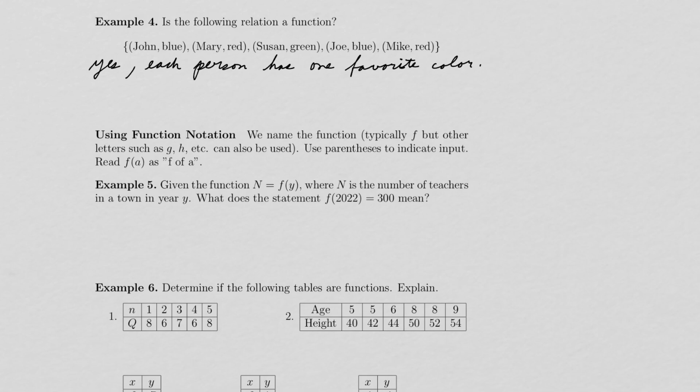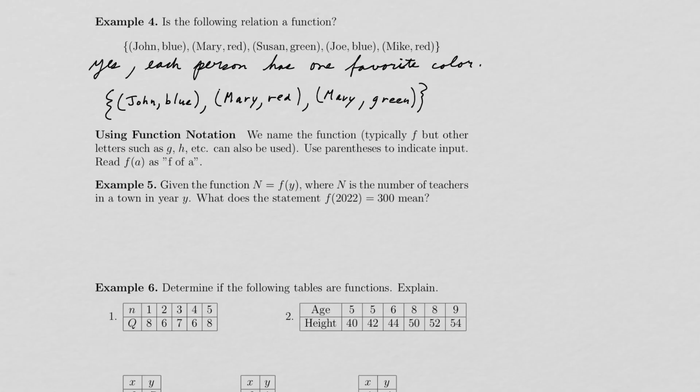Okay, an example of something that wouldn't be a function, let's say we had this. Let's say we had John Blue, then we had Mary Red, and then same Mary, we're assuming it's the same person, Green.